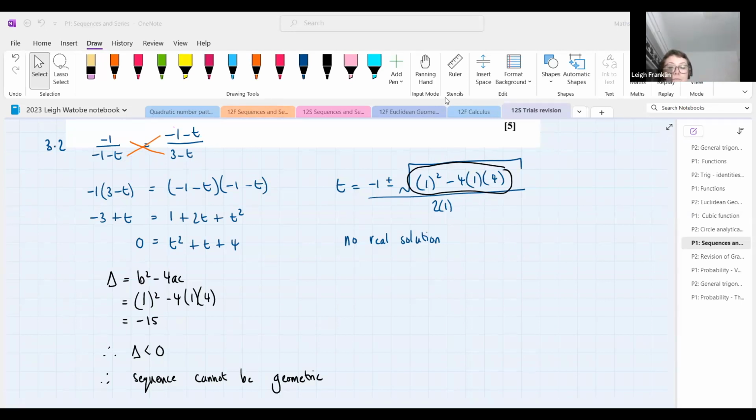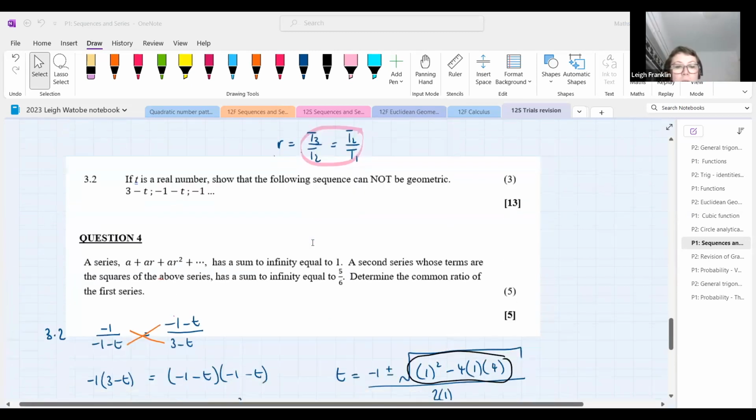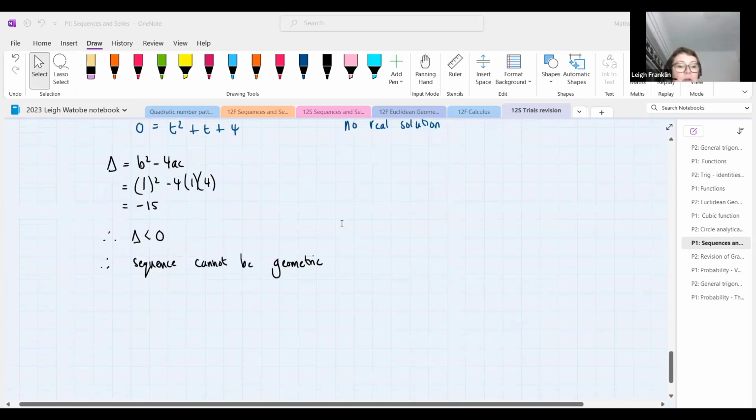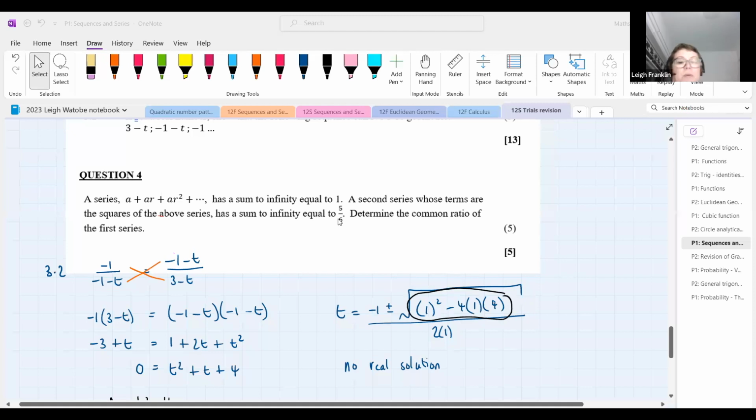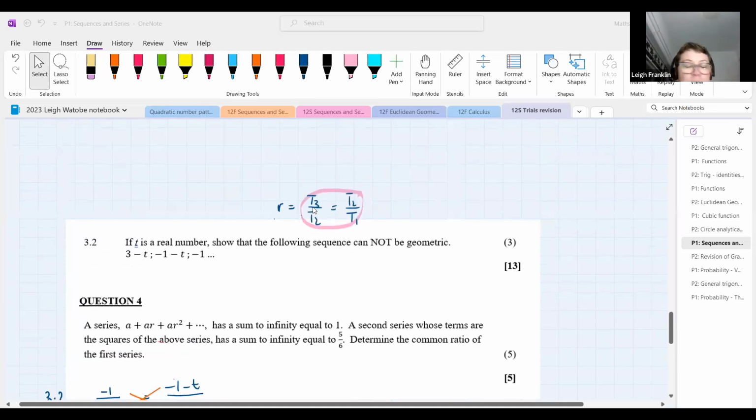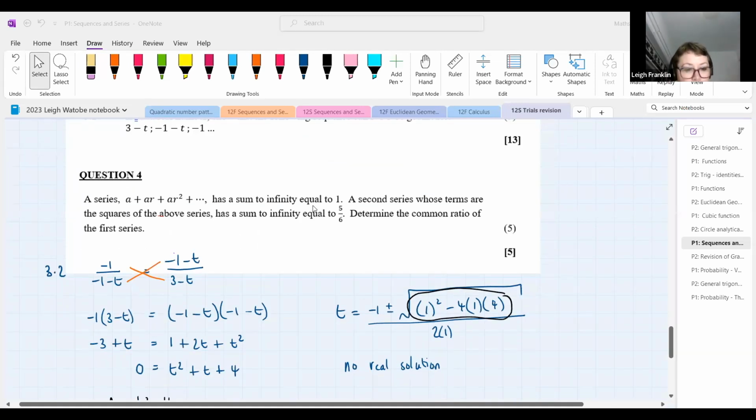Cool. All right. Okay, so that was something that was a little bit different. So the sequence cannot be geometric because delta is smaller than 0, right? Or b squared minus 4ac is smaller than 0.